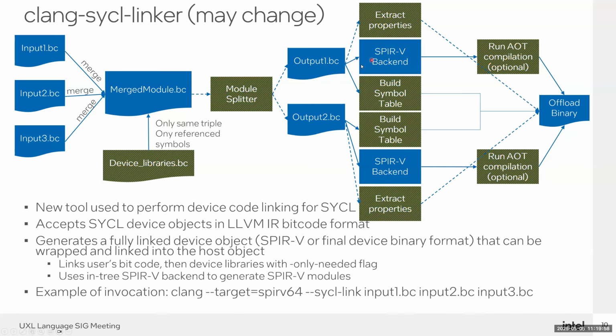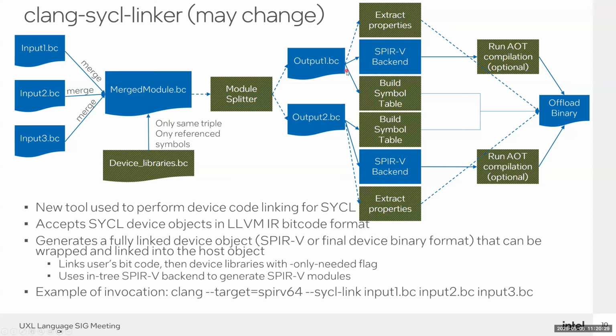Then currently we are calling the SPIR-V backend to produce SPIR-V out of each bitcode, but actually any backend can be used. So basically, anyone can extend Clang SYCL linker to call different backends to produce different target code. It's just that currently in our implementation we are calling the SPIR-V backend.